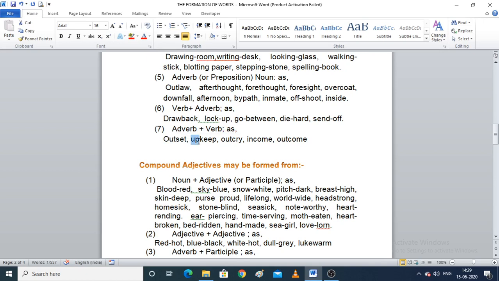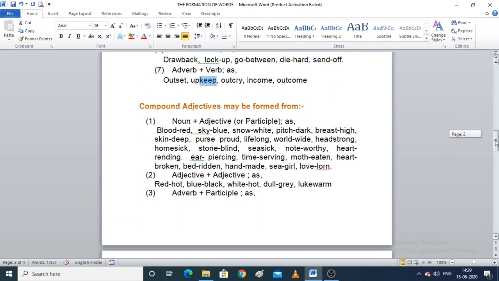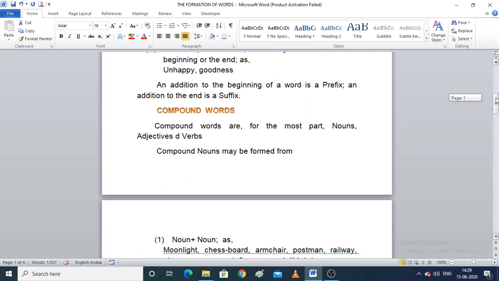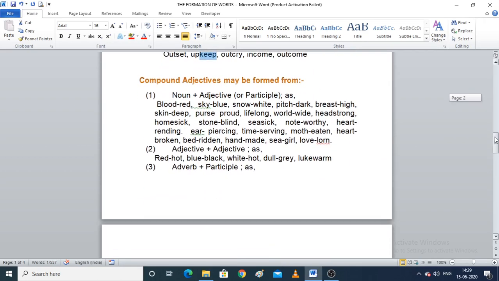Up is an adverb, whereas keep is a verb. Now, let's come to compound adjectives, which may be formed from. We just read about compound word formation. Now we'll read it in detail.